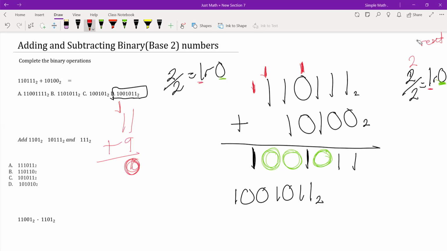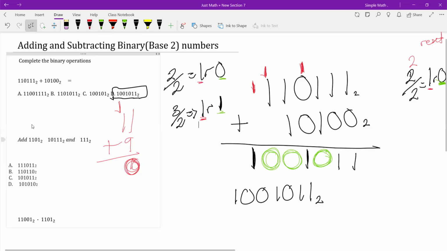If you add and you get a 3, same thing. 3 divided by 2 is 1, remainder 1. So we're going to keep the 1 and then move the other 1 to the next. So that's how you do it. It's actually quite simple like that. Okay, so the answer is D. So let's do this one.